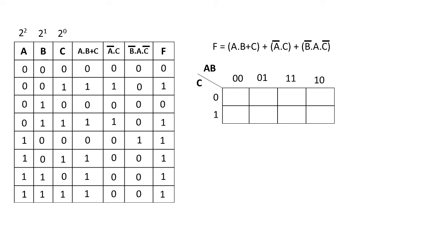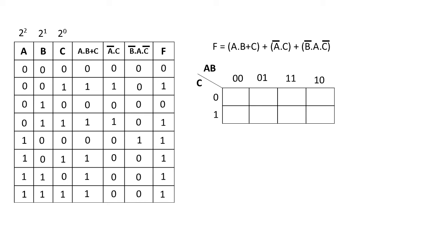The combination presented over here is AB: 0 0, A0 B0 for the first column, for the next column A0 B1, for the third column A1 B1, for the last column A1 and B0. And you can see these two rows represent the position of C. For the first row C equal to 0, for the second row C equal to 1.